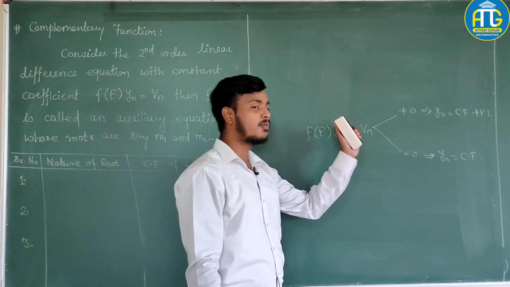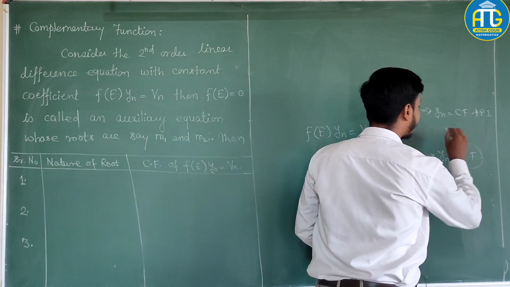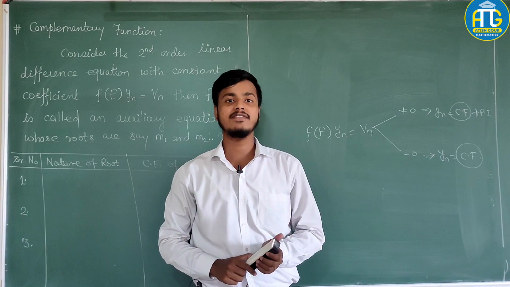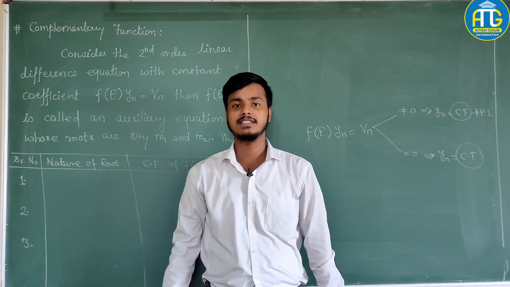So whether it is homogeneous or non-homogeneous, we have to find out complementary function. So in this learning video, we are going to start with complementary function. So let us start with this.